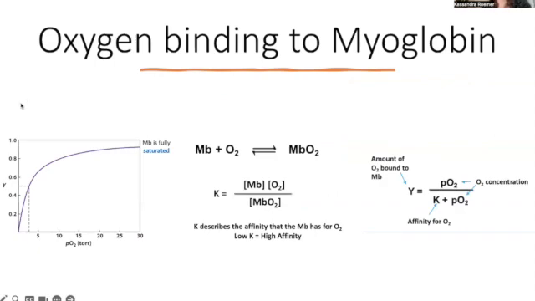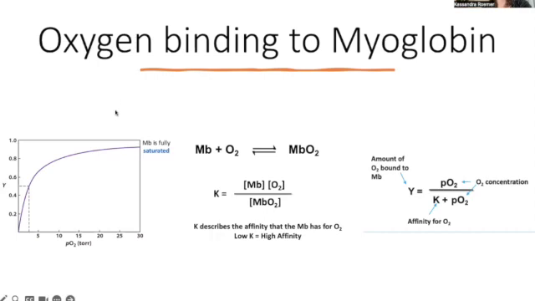If we look at the binding curve as well as the affinity constant, so again, we have K here that we've seen before, which is the affinity constant, so the affinity that myoglobin has for oxygen, which is calculated by the free concentration of myoglobin and the free concentration of oxygen over the bound concentration of myoglobin to oxygen.